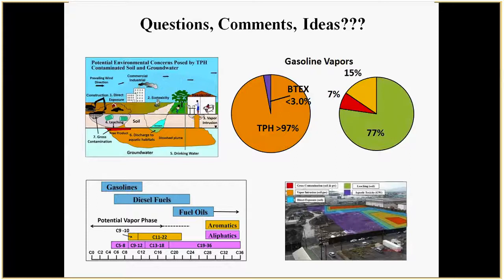In the past, even in our guidance, we were looking at higher range aliphatics, say above C12, and to get those you need a sorbent tube. But in all the studies we've done, we just haven't seen any longer chain hydrocarbons above C12 at any significant concentration in soil vapors. So these days we tend to focus on C9 to C12.